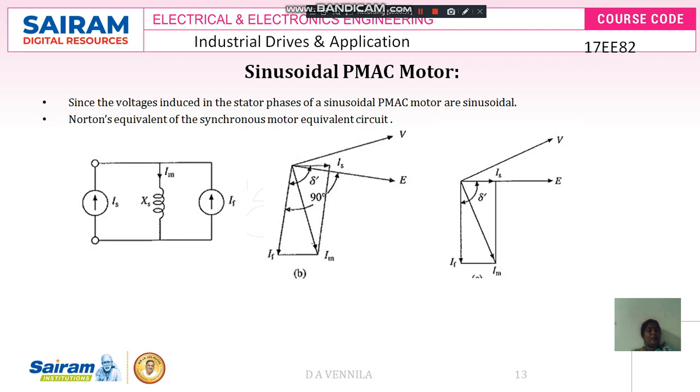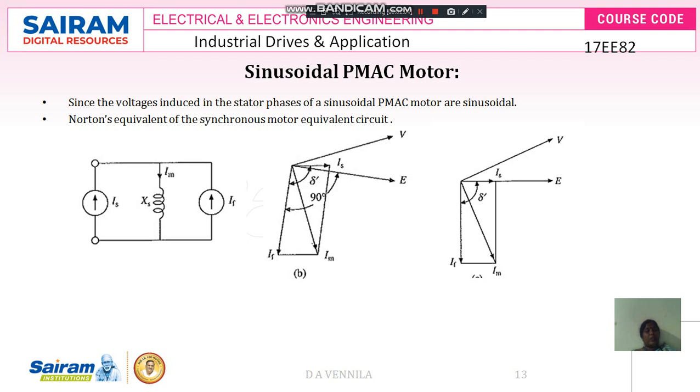The three-phase supplies are supplied to the stator windings with variable frequency and a phase difference of 120 degrees, so all are sinusoidal in nature.